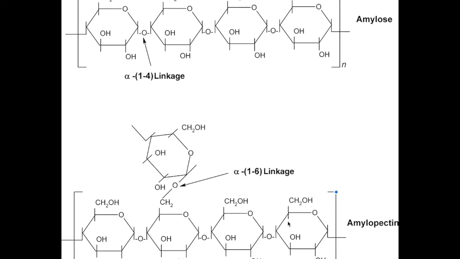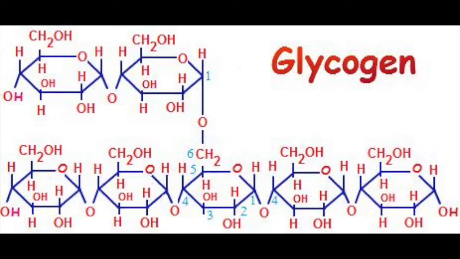However, it will also have an alpha D 1 to 6 linkage, which branches off the chain. That is similar to glycogen, in the sense that glycogen is basically amylopectin but with a further stacked structure. It'll have more 1 to 6 linkages and 1 to 4 linkages, all stacked on top of each other to create a bigger molecule, which is glycogen.